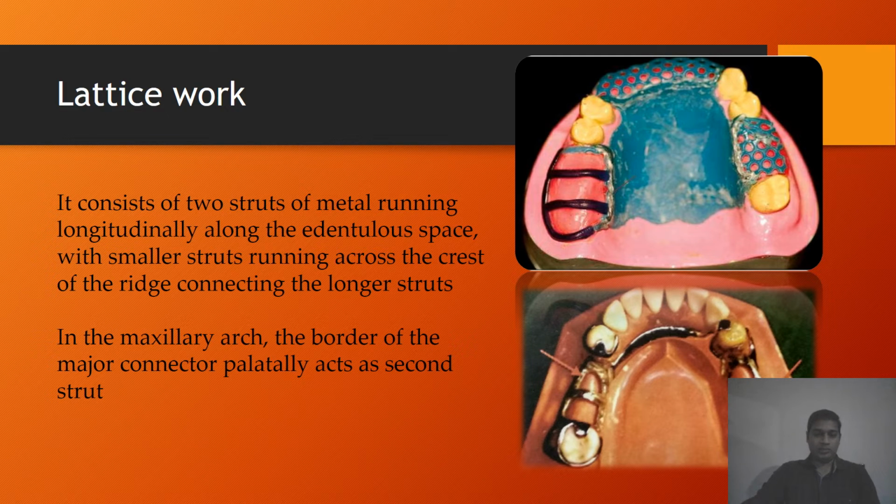If you want to replace a molar, it will have a comparatively greater mesiodistal dimension than a premolar, so the distance between the anterior and posterior strut should be comparatively more. In the maxillary arch, the palatal border of the major connector acts as the second strut.